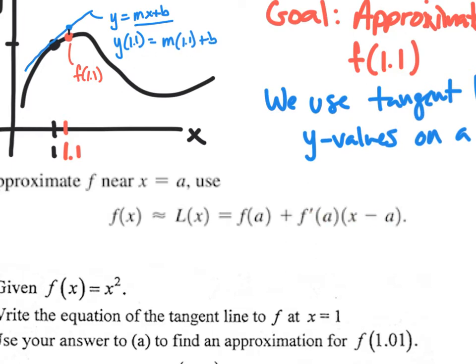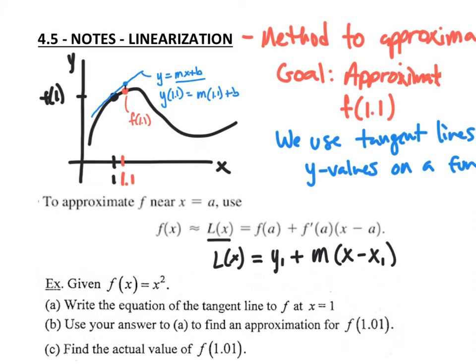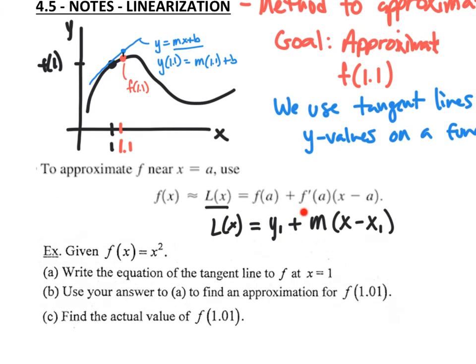Basically, the way that I write this is, if you wanted to find the linear approximation at some x value, the linear approximation of x is equal to f of a, which is your, say, y sub 1, plus your slope m, times x minus x sub 1. That's the notation that I will use as opposed to what they use here.